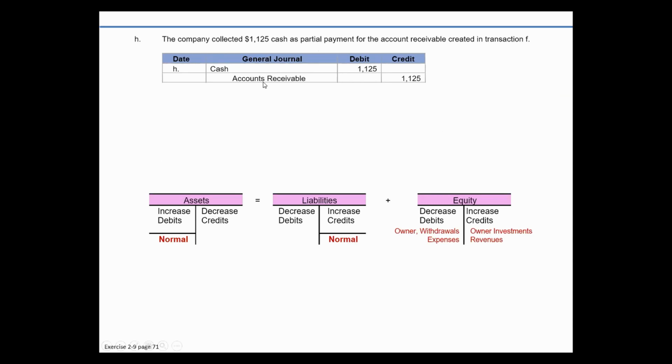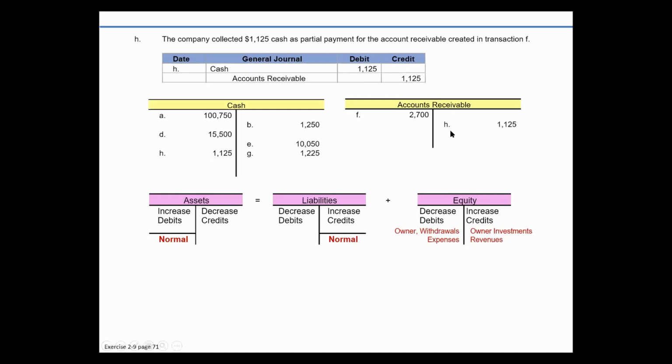And then our accounts receivable, likewise, is an asset, but now we don't have as much accounts receivable because we've now received some of our money that we were owed. So we have to credit that 1,125. So we debit cash 1,125, and we will now credit accounts receivable 1,125 in order to reduce the accounts receivable.